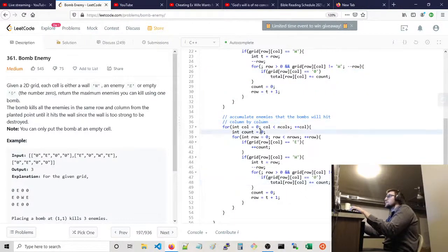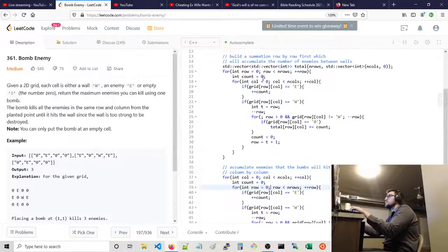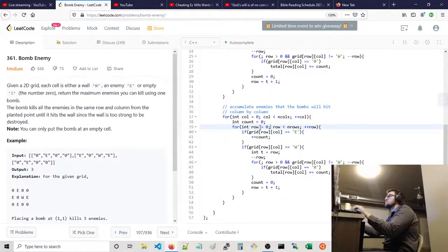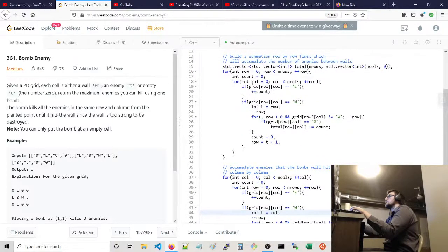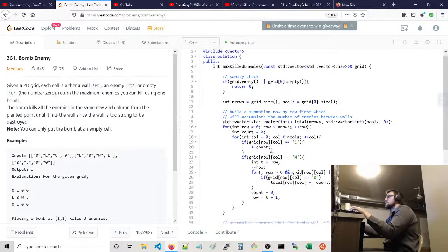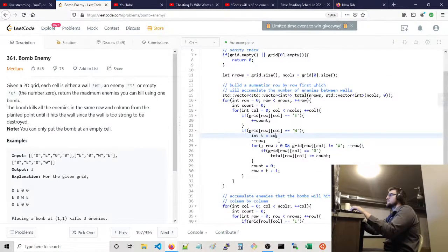And now you go column by column, count to 0, increment the row, right? If you see an enemy, increment. If you see the wall, then set this to the column now. And actually this is wrong, this is supposed to be the column, not the row. I did that wrong as well.